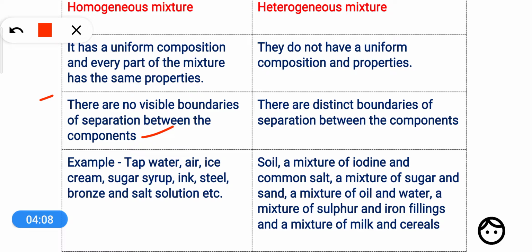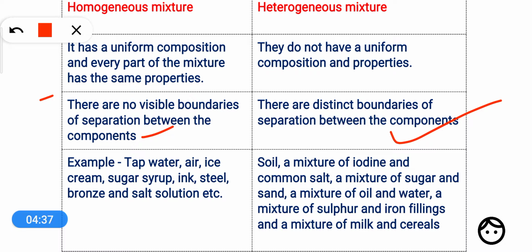In a heterogeneous mixture, there are distinct boundaries of separation between the components, means you can clearly see where is one and where is another component. For example, in a heterogeneous mixture of sand in water, sand is one component and water is another, so you can clearly see where is sand and where is water.